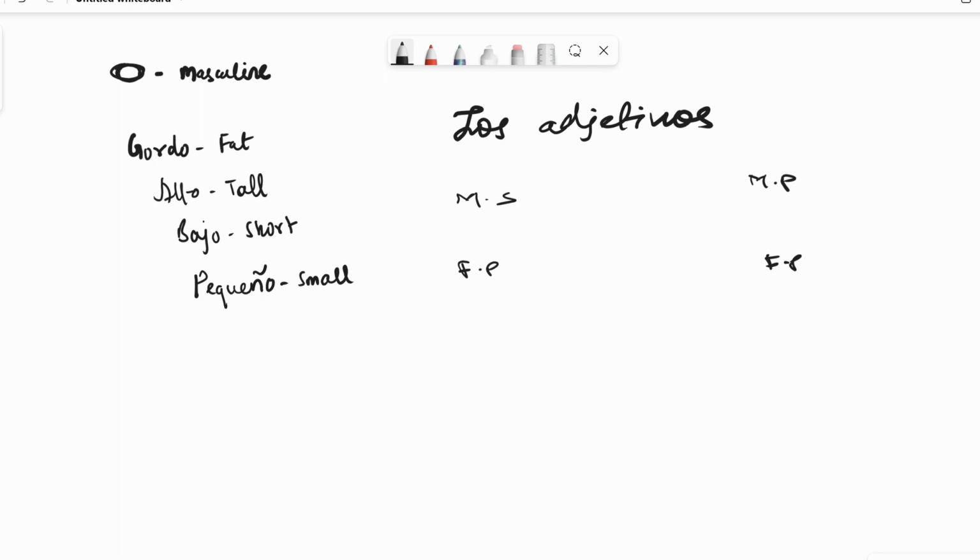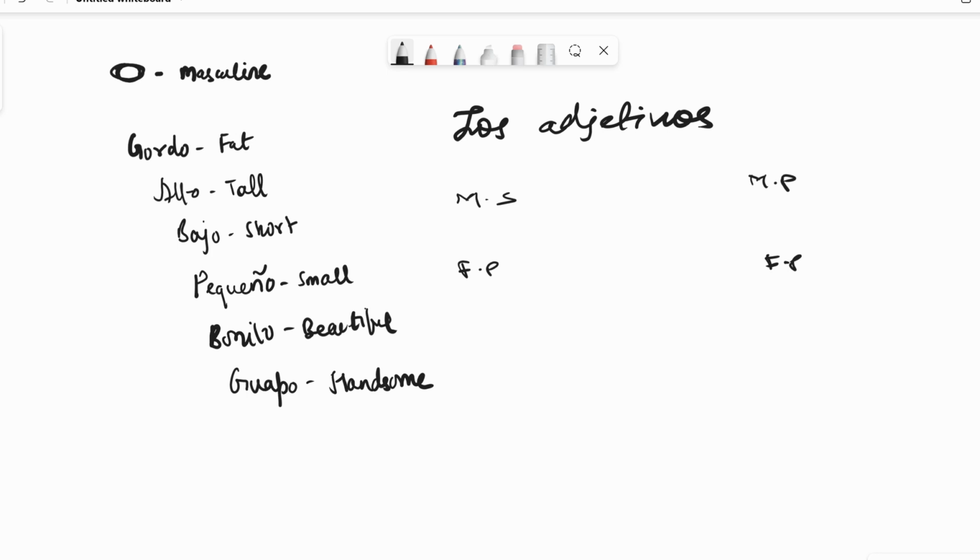You have bonito, which means beautiful. You have guapo, which means handsome. Now, let's take all of these adjectives. All of these adjectives are masculine, but they have a feminine form as well.